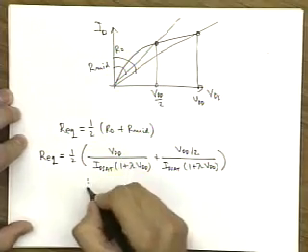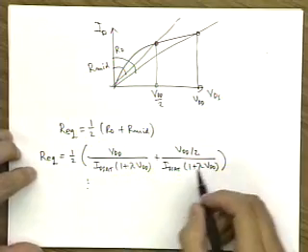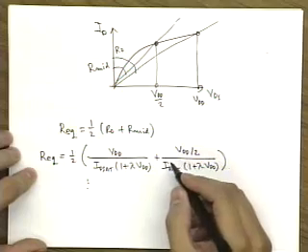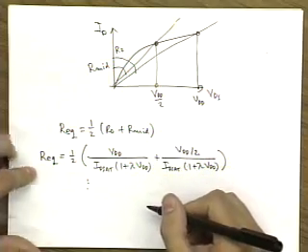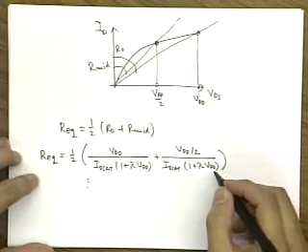Then you follow this, do some algebraic transformations, and you need to do some Taylor expansion.